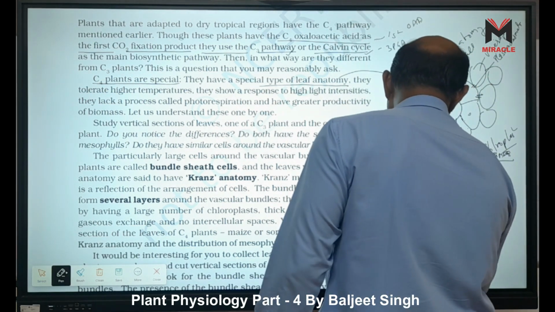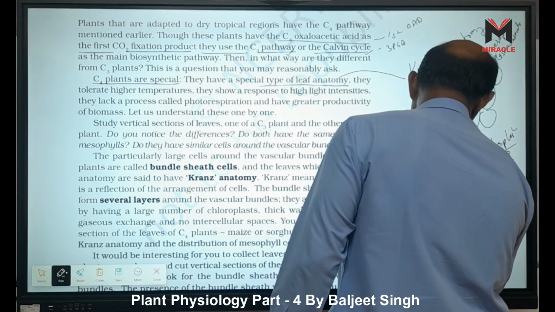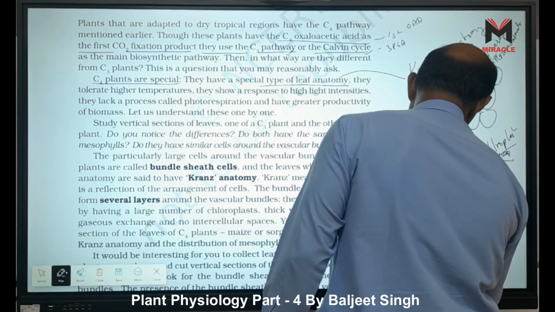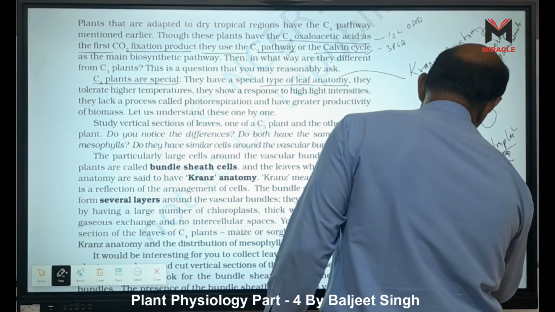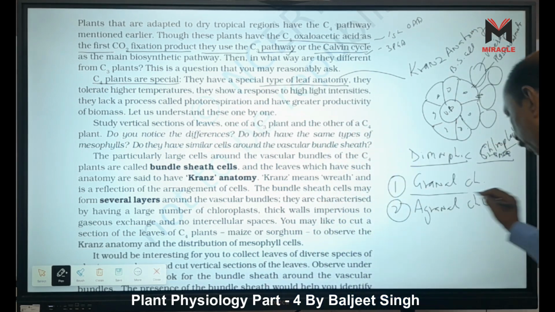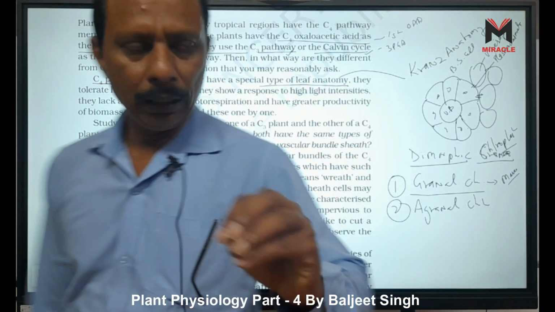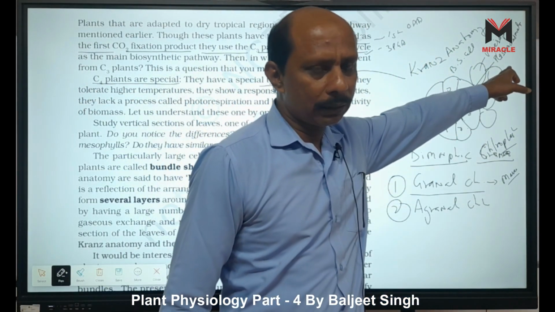The first one is called granal chloroplast and the second one is called agranal chloroplast. Granal chloroplast means chloroplast in which grana are present, and it is present in mesophyll cells, because mesophyll cells are present outside, near the sunlight.